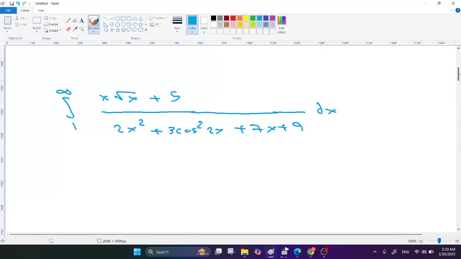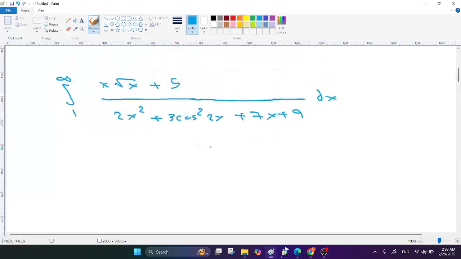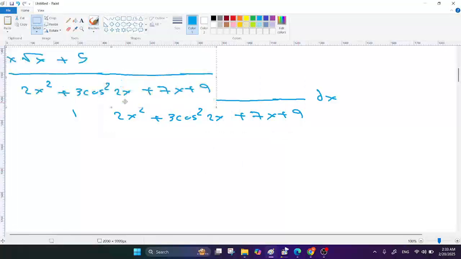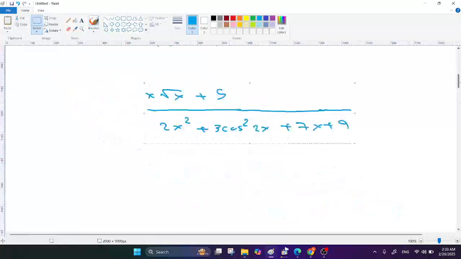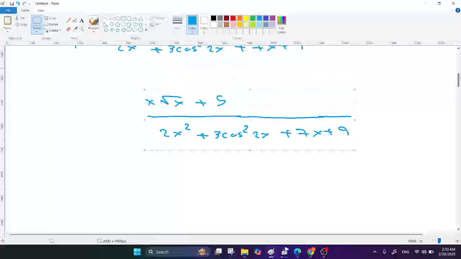Good? Yes, of course it's good. Now, so we have this. We want to use the test called the comparison theorem.